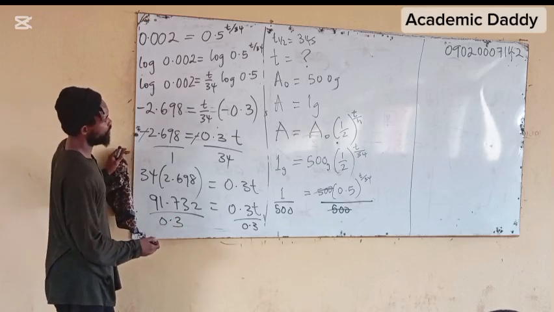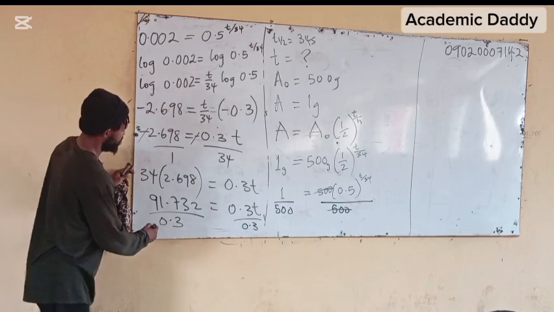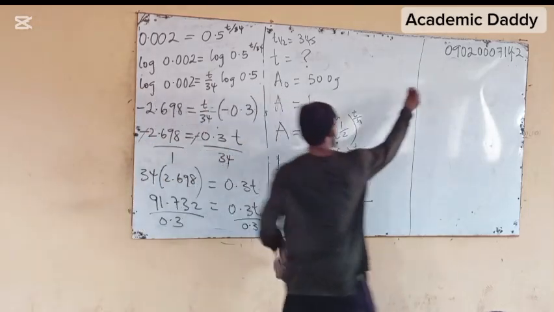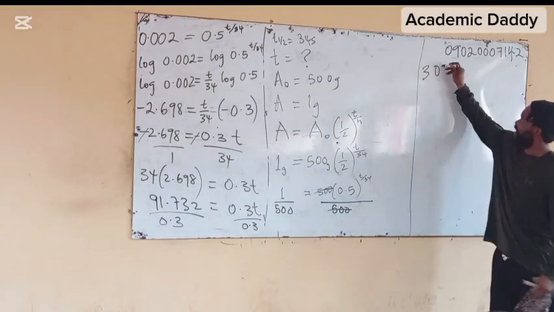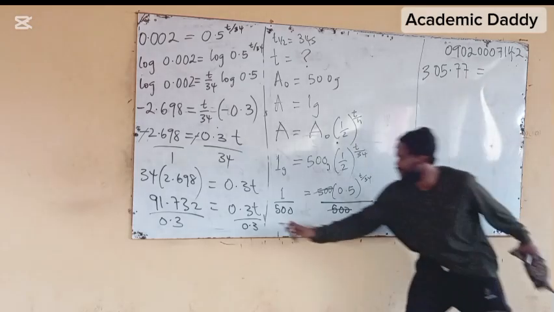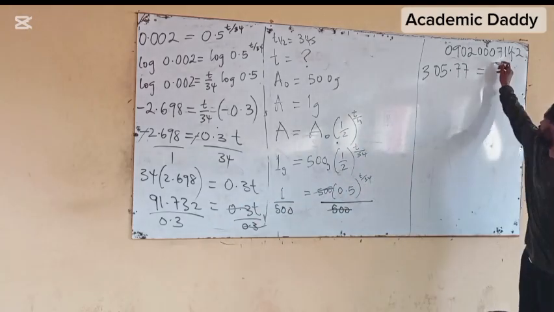So t is 305.77, because this one cancels this one. So I now have t.